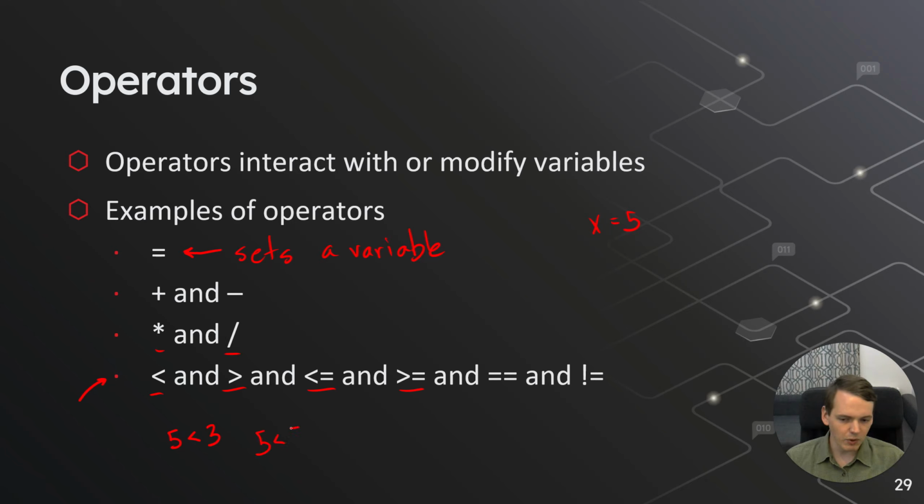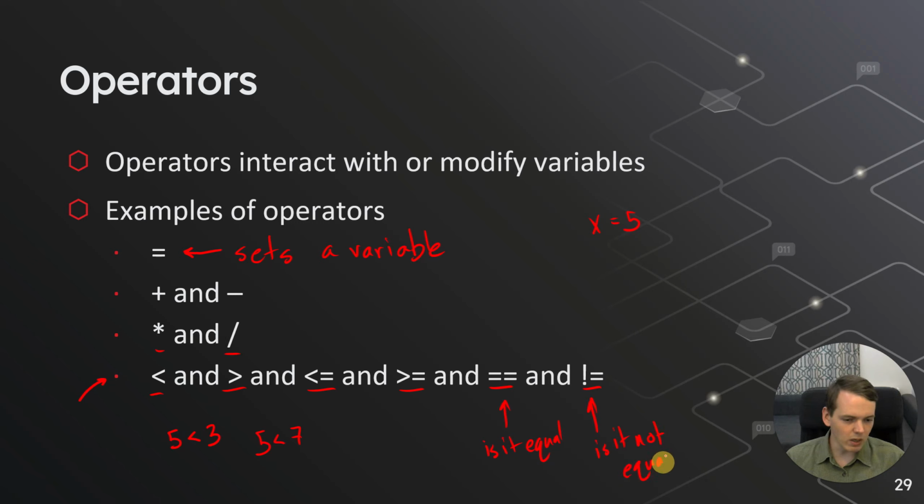If you instead had put 5 less than 7, it checks to see if that's true, and then tells you true or false. These last two are checking, is it equal, or is it not equal?